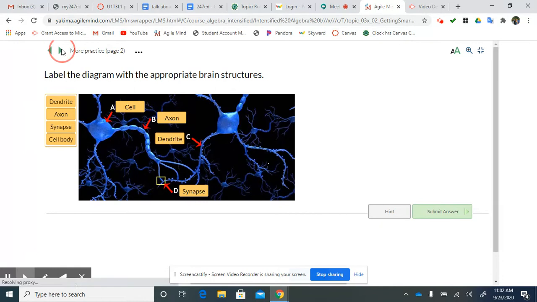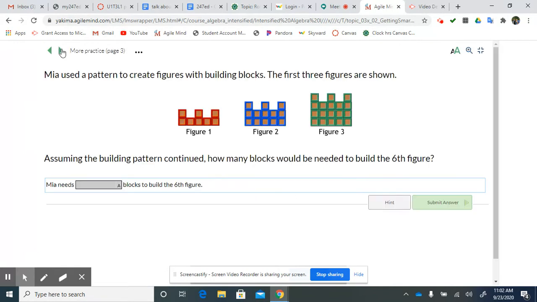All right, let's move on to number 3. Mia uses a pattern to create figures with building blocks. The first 3 figures are shown. Assuming the building pattern continued, how many blocks would be needed to build the 6th figure? All right, so we're given figure 1, 2, and 3. So let's make a T-chart. And we have the figure number, and then we have number of blocks.